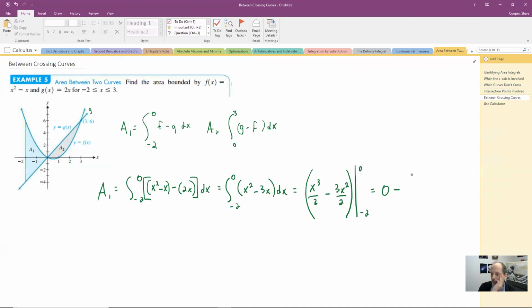And then I have to subtract. When I plug the -2 in, I get -8/3 minus, -2 squared would be 4, so that'll be 3 times 4 or 12 halves.